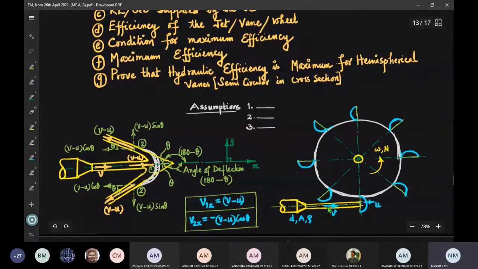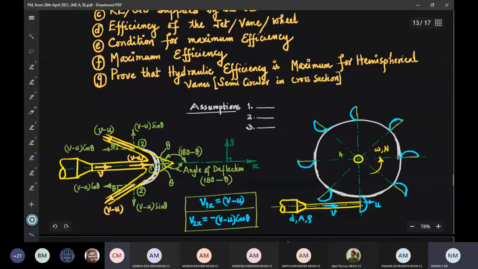So when the jet impinges, the force is exerted and the vane starts moving. So we will get a force exerted on the vane, and that force being tangential to the wheel will produce a torque, and that torque enables the wheel to rotate.